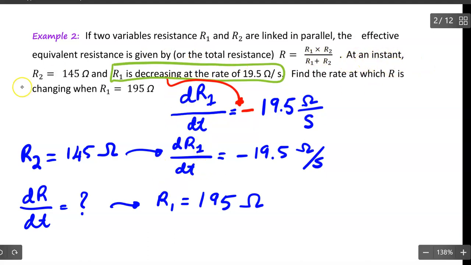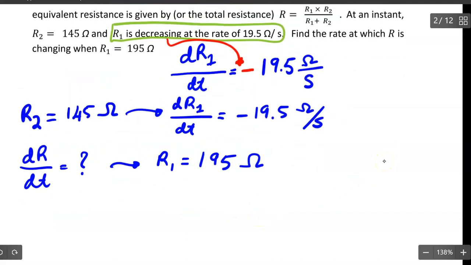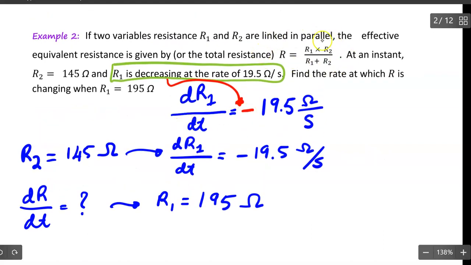At an instant, R2 equal to 145 ohms and R1 is decreasing at this rate. So I know that I identify this as the rate because of the unit. Find the rate at which R is changing, so the total resistance will change. Then I know that the rate of change of the resistance will be dR over dt when R1 equal to 195 ohms. Okay, so let's put all of this into the equations.